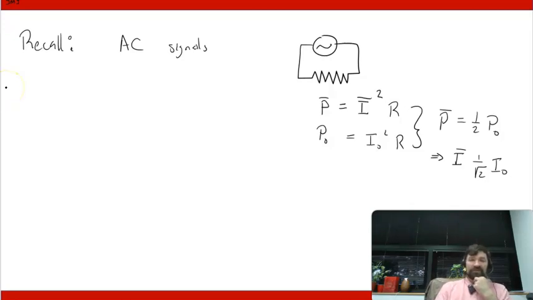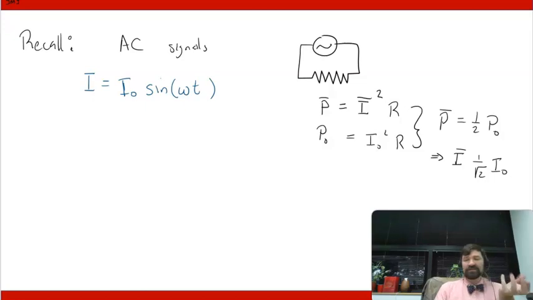But the AC signal, the very equation that goes with it is that I is equal to some maximum current I naught times the sine or the cosine, as the case may be. We'll use sine of omega t. So in some sense, when you average something that is sinusoidal over time at a given space or over space at a given time, either way, you expect to get 1/√2 of this maximum value as your average value.